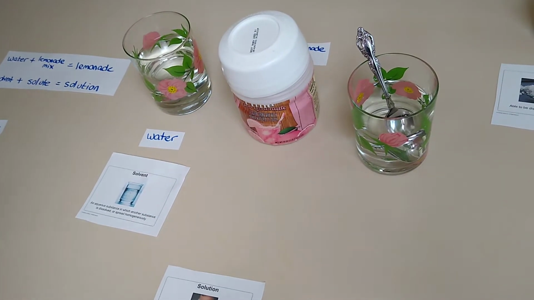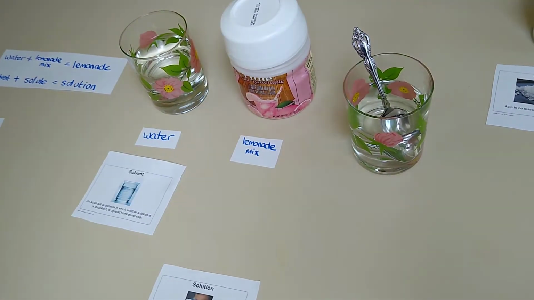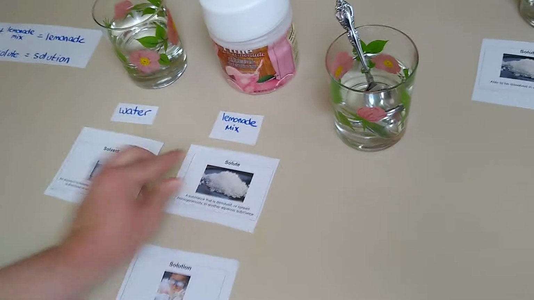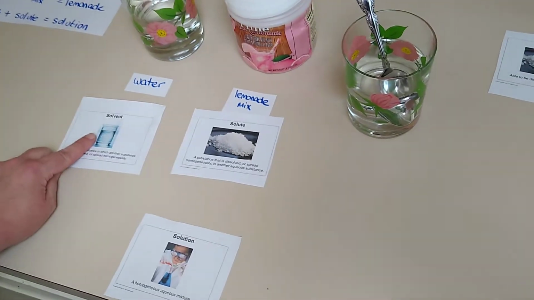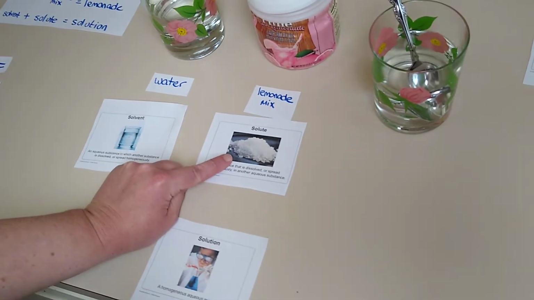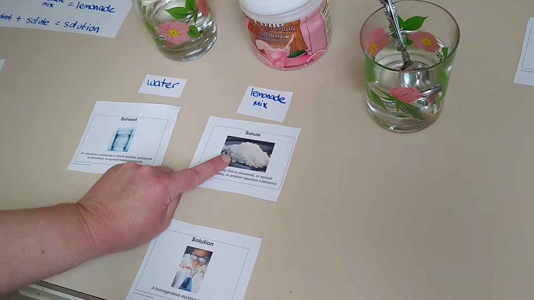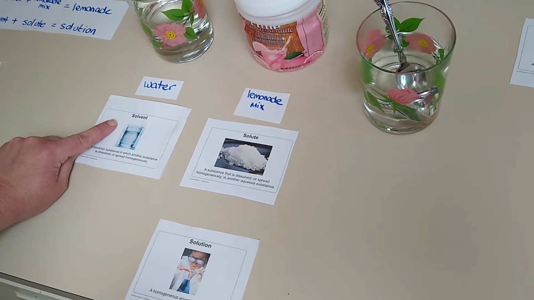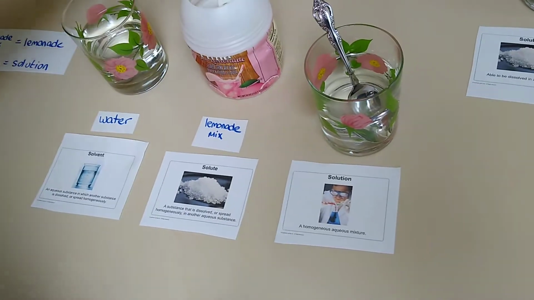The lemonade mix is going to be my solute. Look at the difference between those two words. Solvent does the dissolving. Solute is dissolved in the solvent. So solute is the lemonade mix. Solvent is the water. Together, they're going to make a solution.